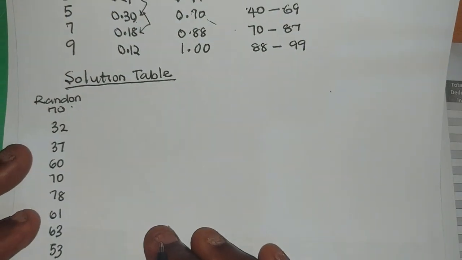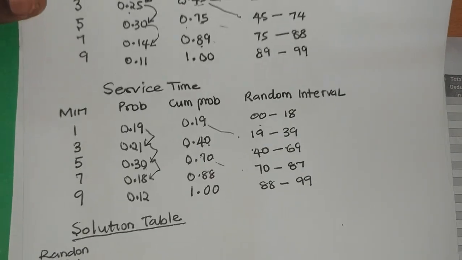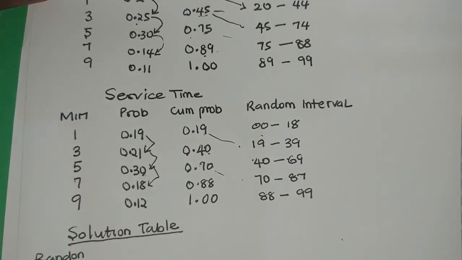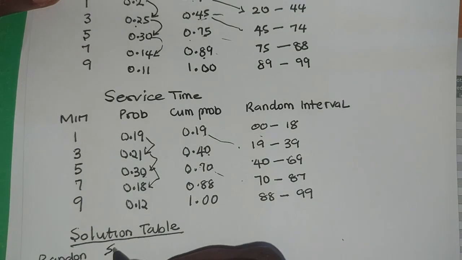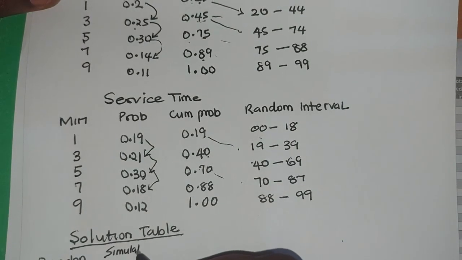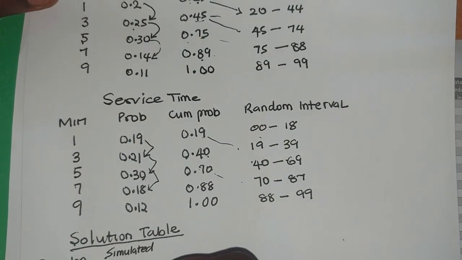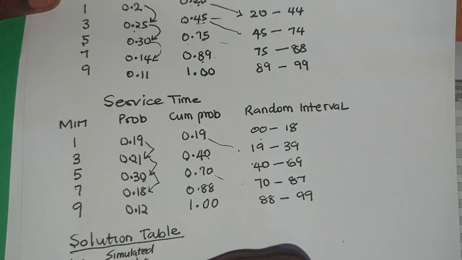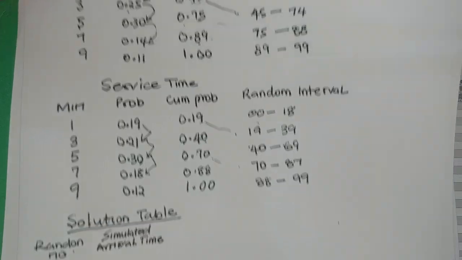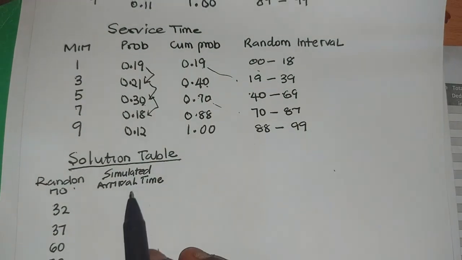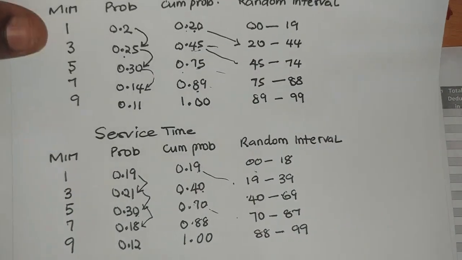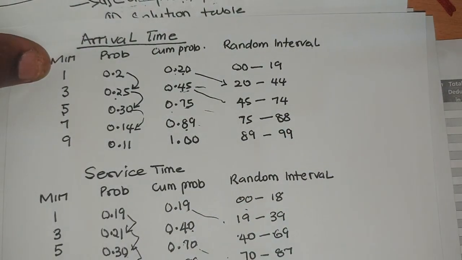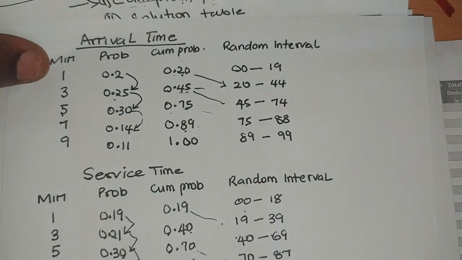So let us start to simulate using the arrival time. This is the simulated arrival time. For 32, you go to the random interval and look at where 32 falls.